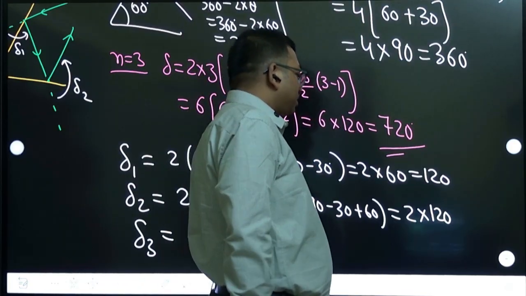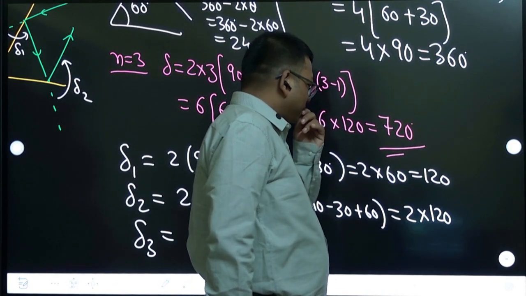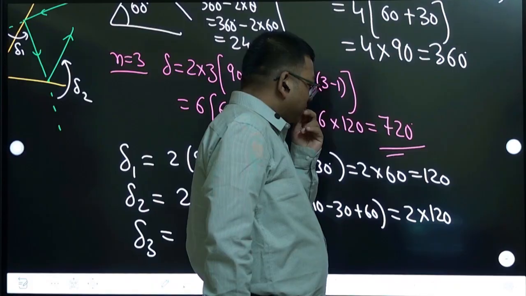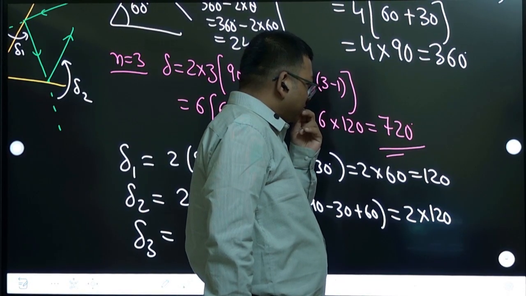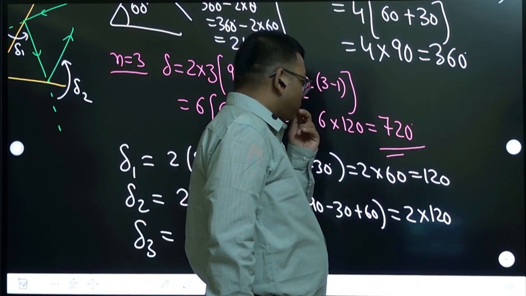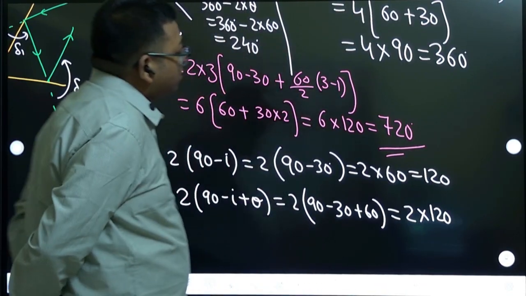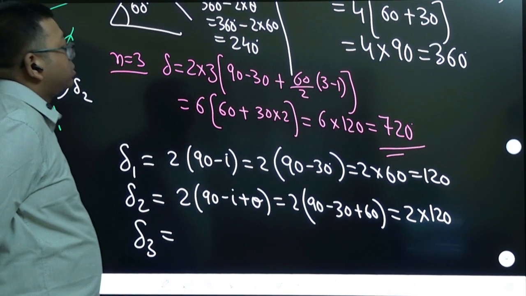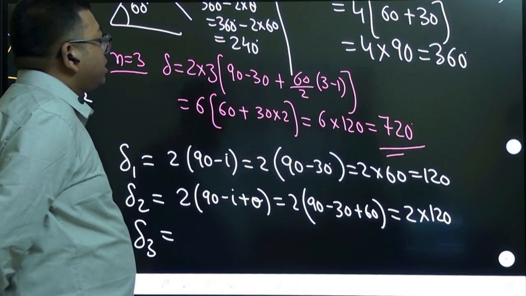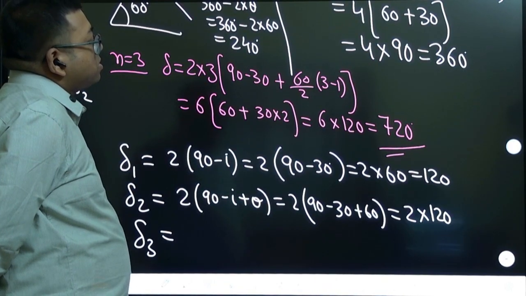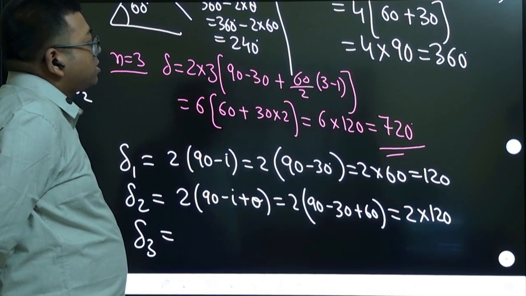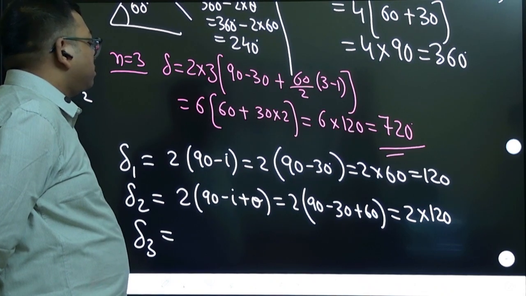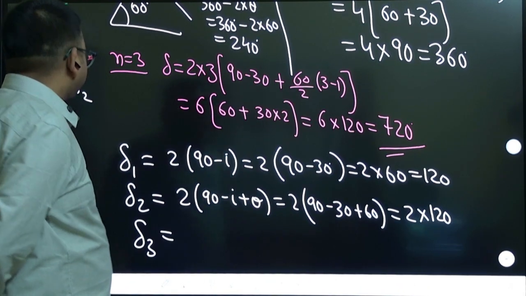So what should we take then in this case? Deviation, what should we take? So how much more it is than 90 degree? It is 30 more, right? It is more than that. So what should we do? So 120, we should not take it as 120, because 90 minus 120 angle is not possible.